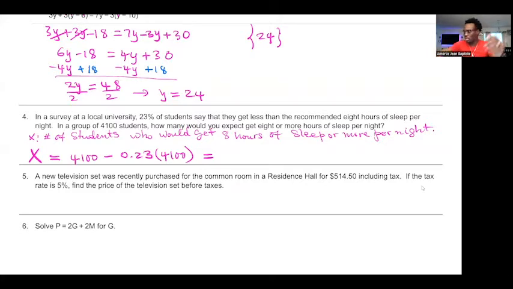Where's my calculator? So we multiply 4,100 by 0.23, and that is 943.